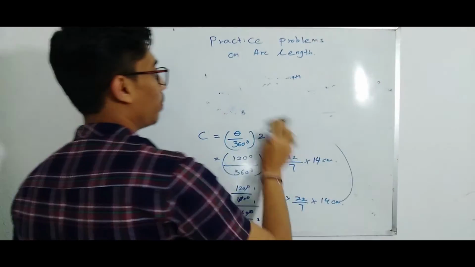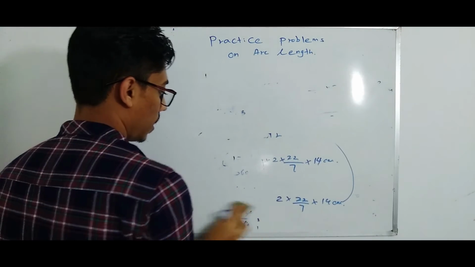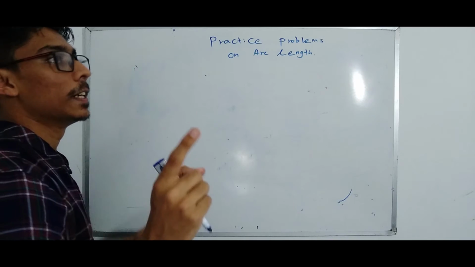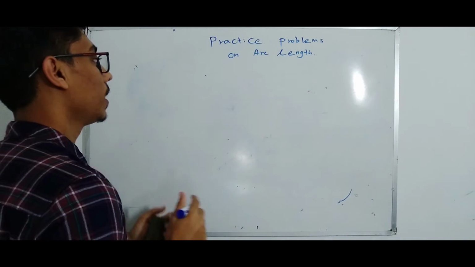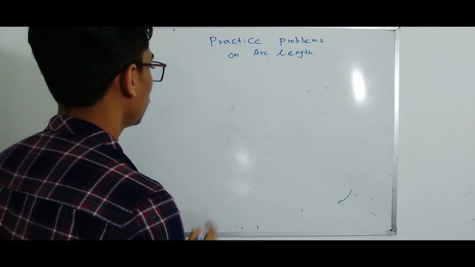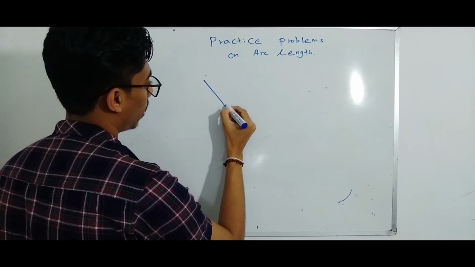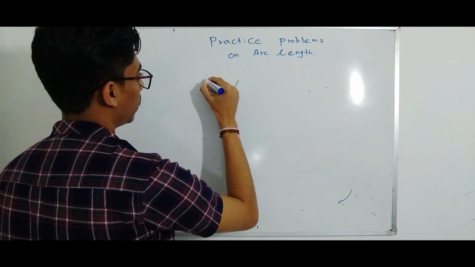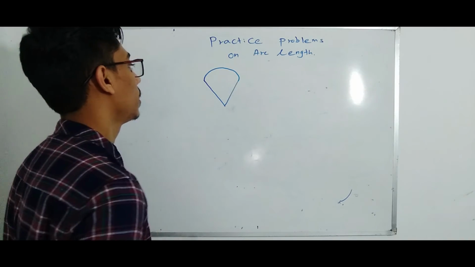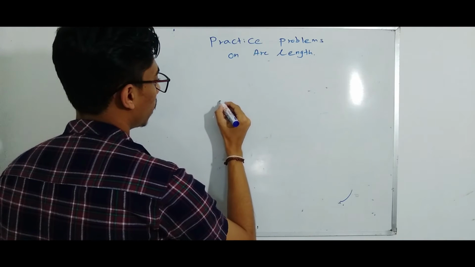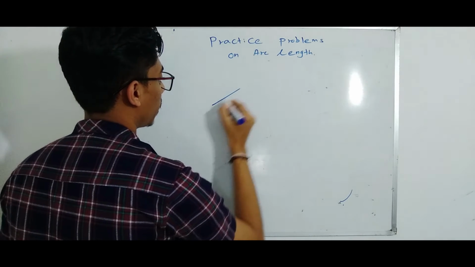So another example, the last example. Let me use this as an opportunity to do my last practice problem on arc length. The best thing is to take an angle like this.